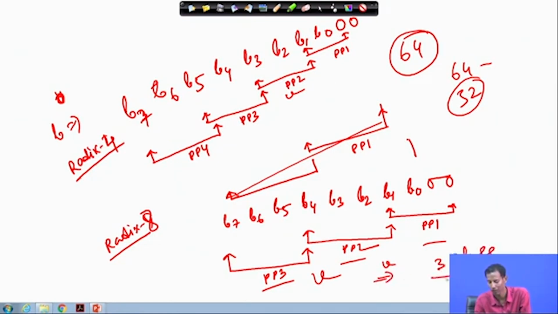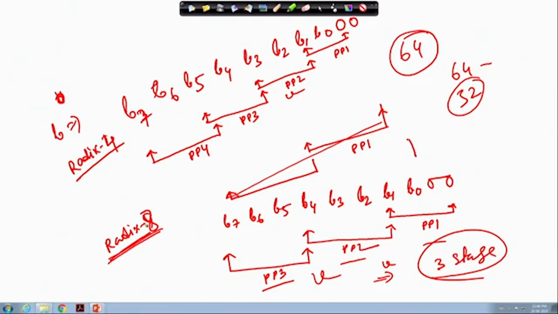That means only one stage I am reducing. Apart from that, I am increasing the complexity of the Booth's decoding algorithm, as I have used radix 8 over here. So, that thing we have to be careful about, because it is not meant that all the time if I increase the radix it will give me the advantage.